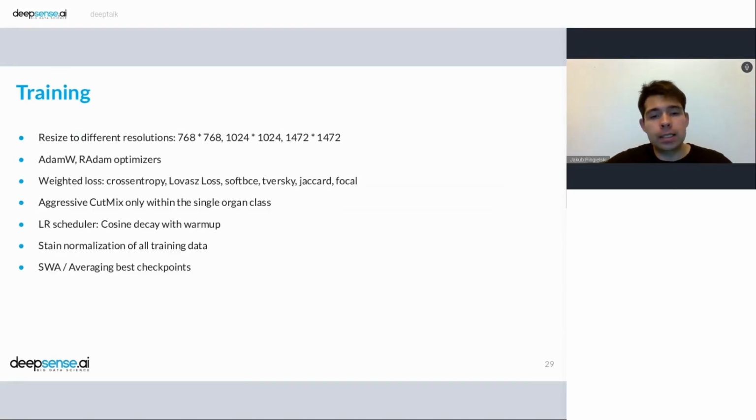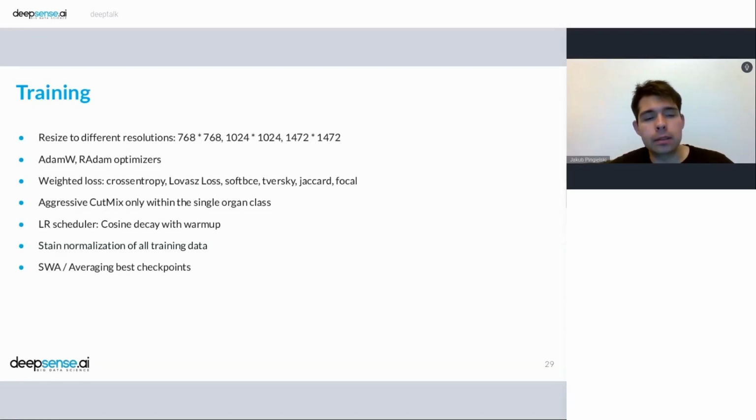And one last aspect of this competition that other teams did differently was training. So I have used a resolution of 2024 for all of my models, but many teams tried different resolutions and created huge ensembles of models trained on different sized images.